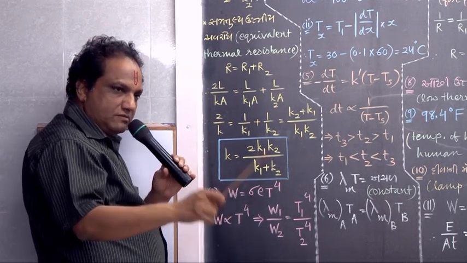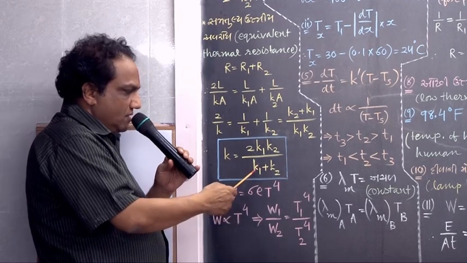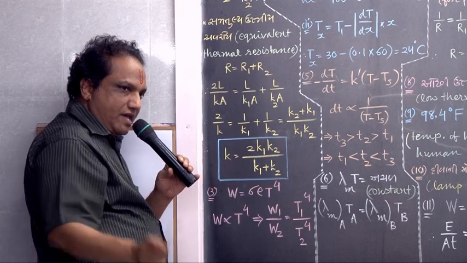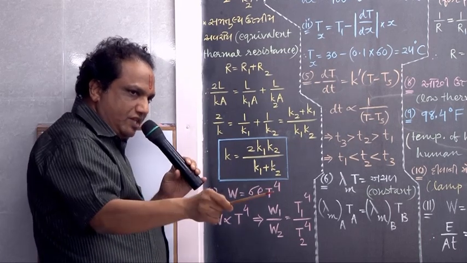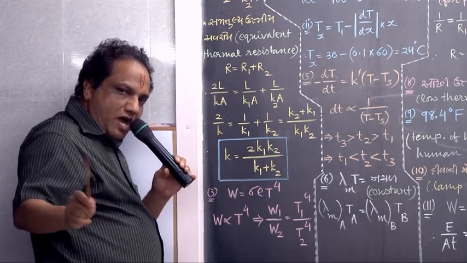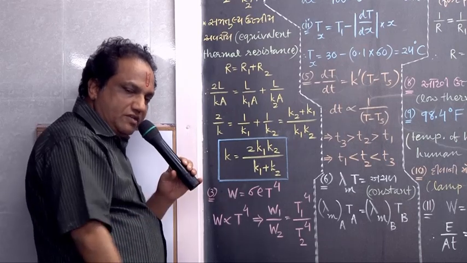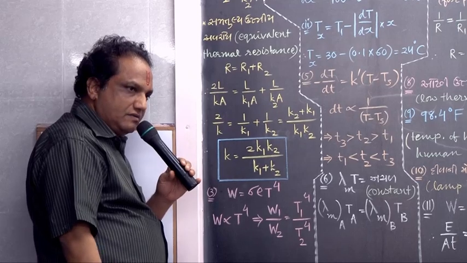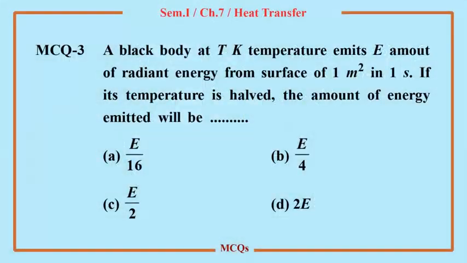In that case, it will not be K1 plus K2 plus K3. It will be K1 K2 plus K2 K3 plus K3 K1. Say 1, 2, 2, 3, 3, 1. Take care. Next.